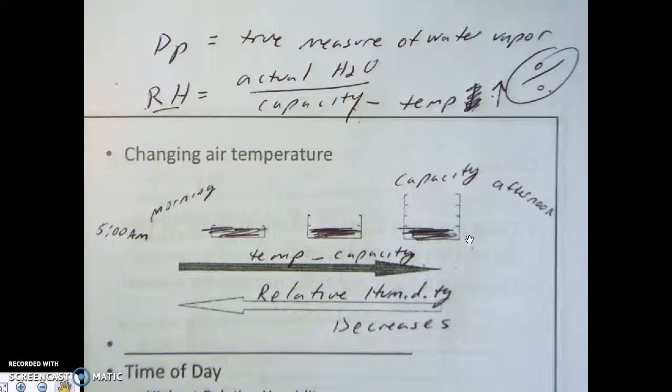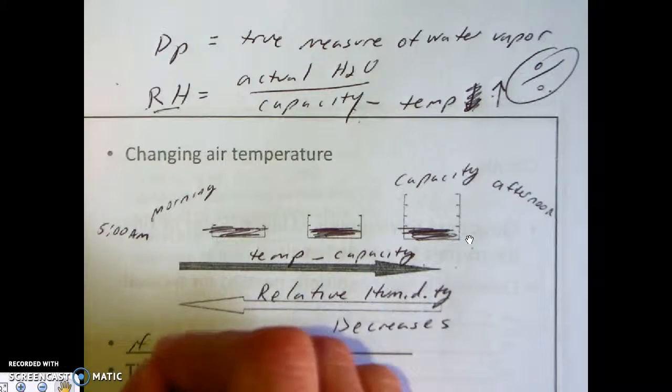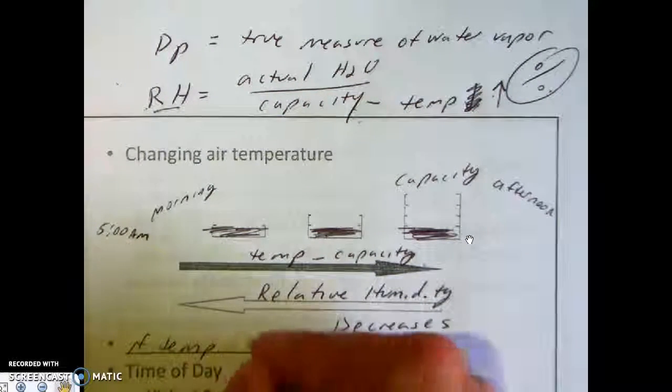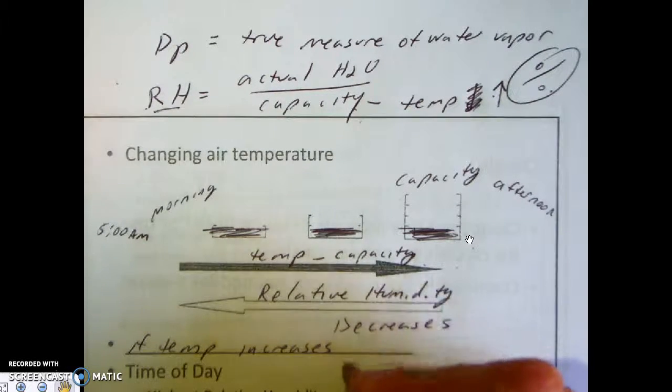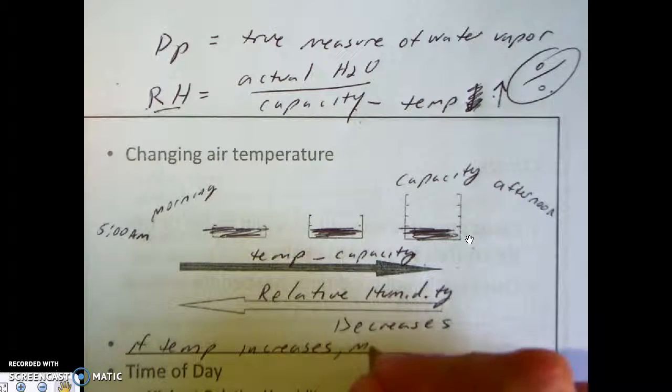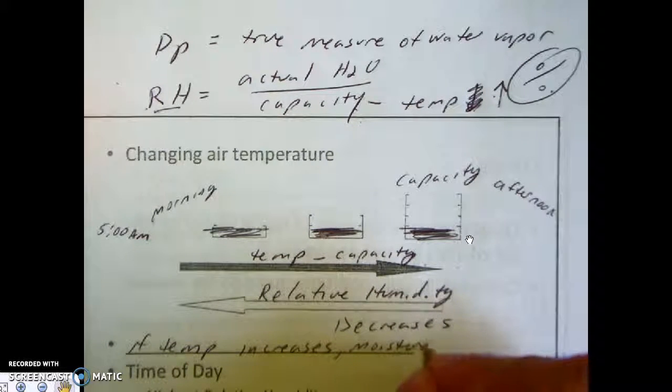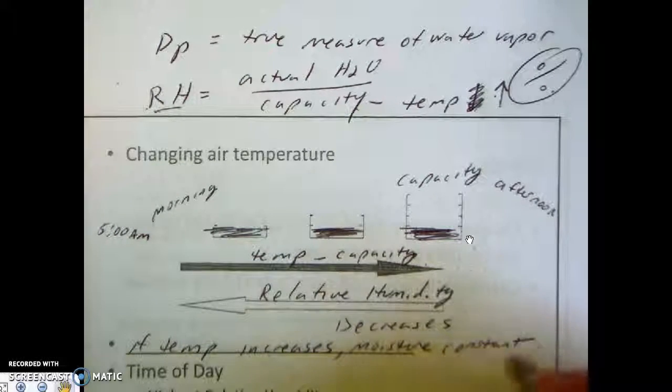So that's the basic idea. In this case, if temperature increases and moisture is constant, then relative humidity is going to go down.